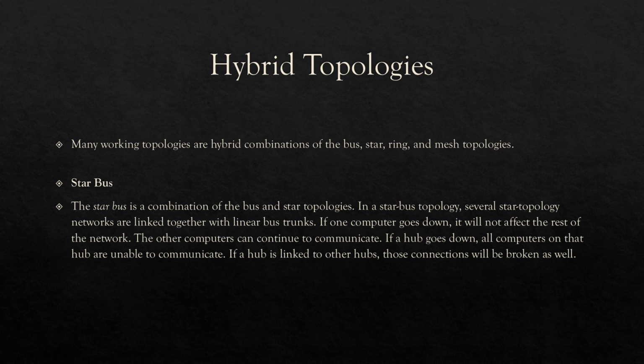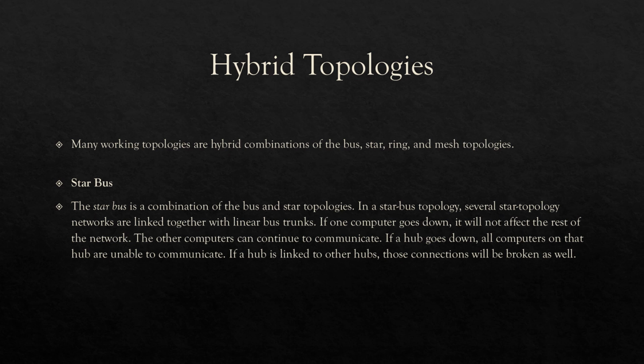For example, star bus, which is a combination of bus and star topology. In star bus topology, several star topology networks are linked together with one linear bus trunk. If one computer goes down, it will not affect the rest of the network. Others can continue to work.